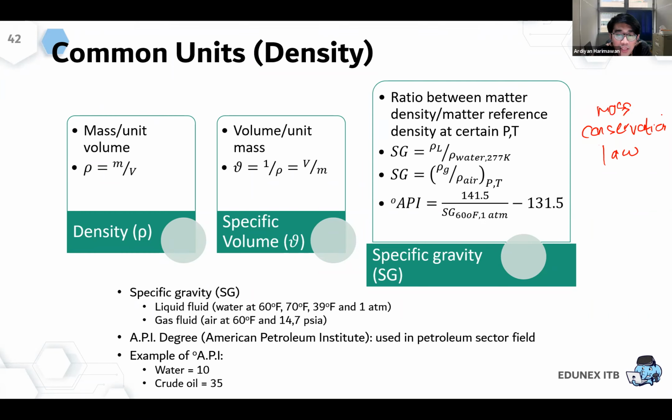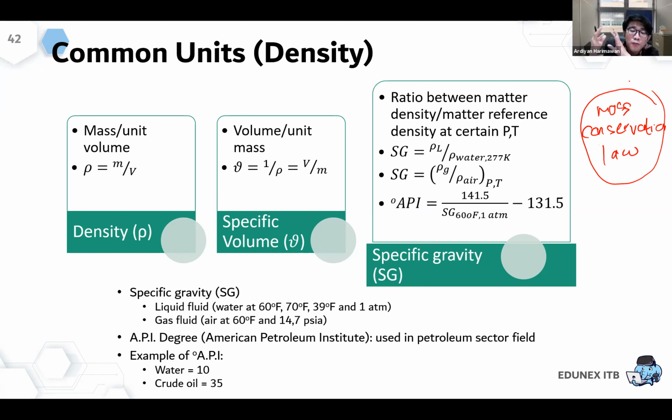Since the name is mass conservation law, which one is always conserved, mass or volume? Which one is always constant? If some fluid undergoes different conditions, like a change in pressure or a change in temperature, the parameter that will always be constant is mass, right?